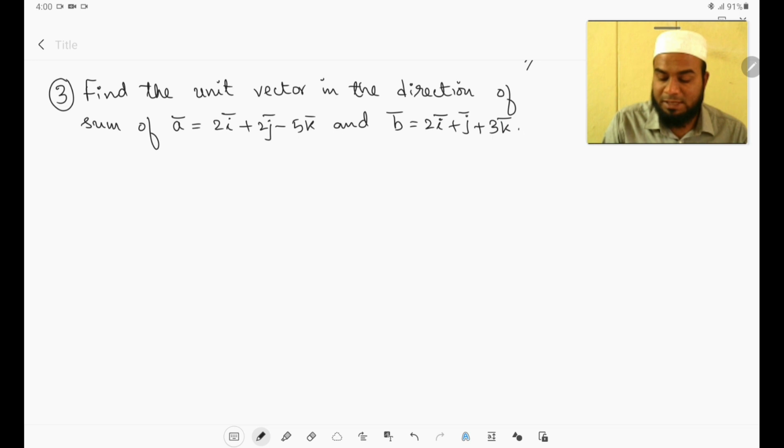So these two vectors are given and we are asked to find the unit vector in the direction of the sum of a bar and b bar.